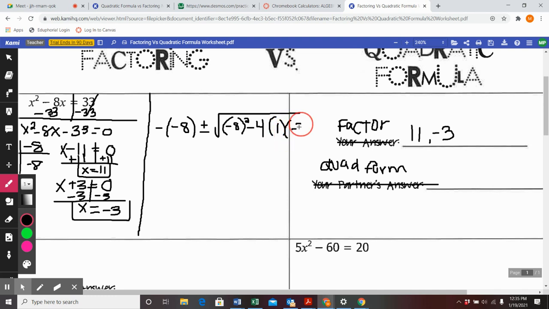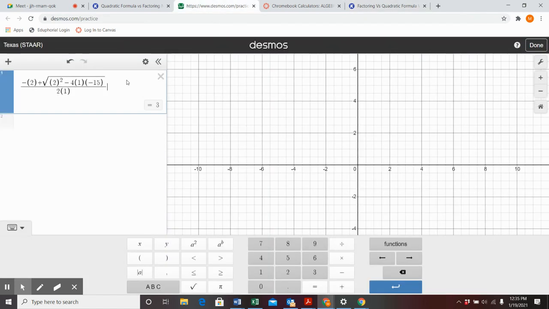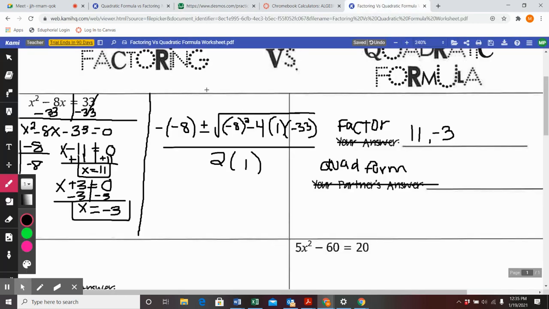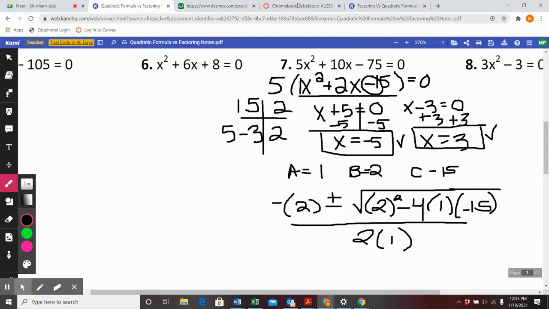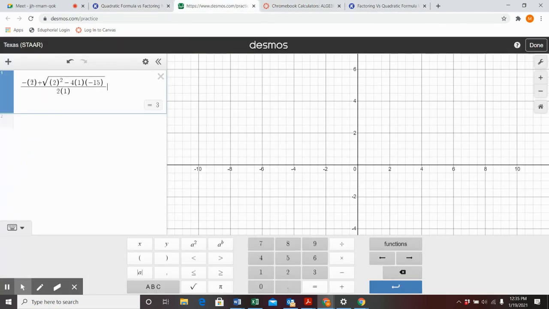C is negative 33, over 2, and A is 1. So all you have to do is go change those in Desmos. So you got negative 8. This is negative 8. A is 1, A is 1, and C is negative 33.